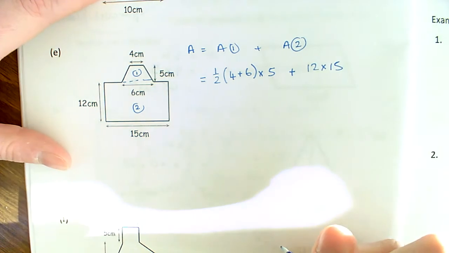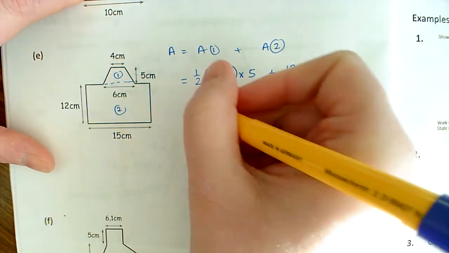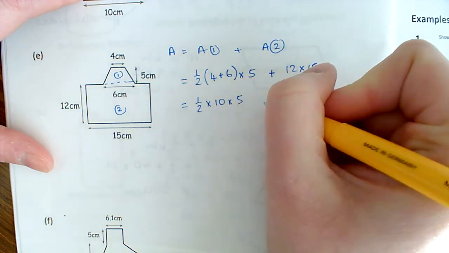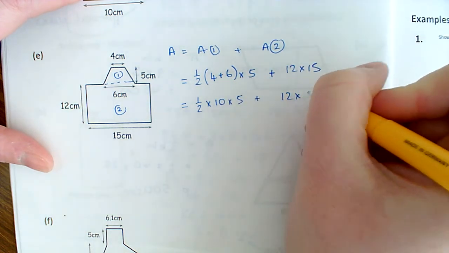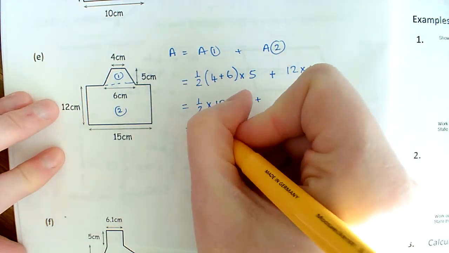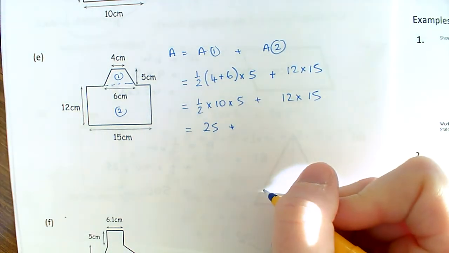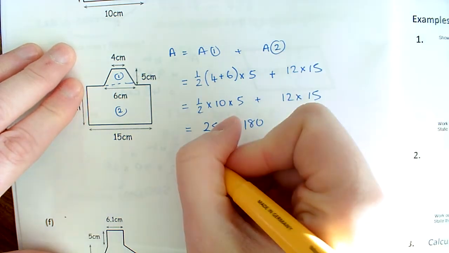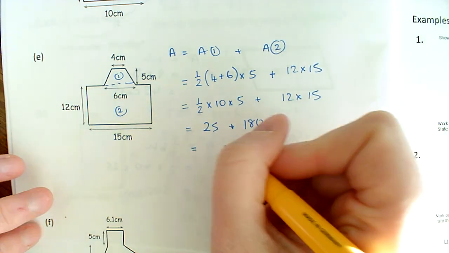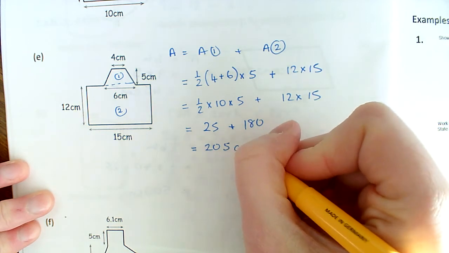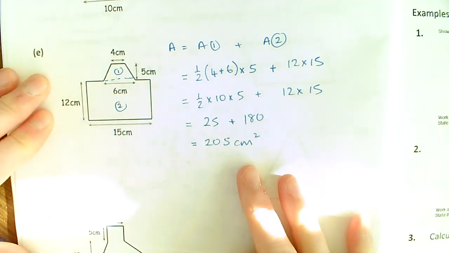And the rectangle is going to be 12 by 15. So this is a half by 10 by 5 plus 12 by 15. So we have got 25 here and 12 by 15 is 180. So we have 205 and our units are centimetres squared.